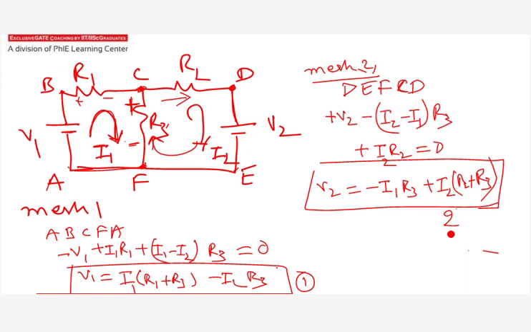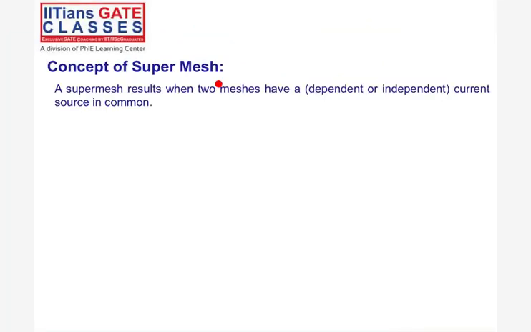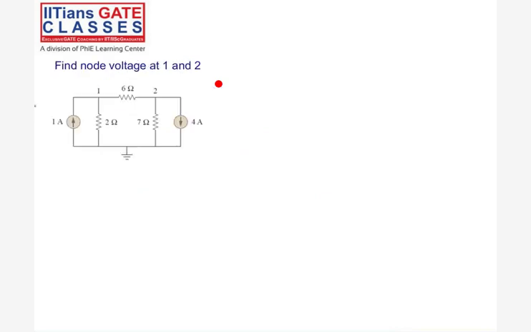If I have a dependent or independent current source, okay, see again, as I told you, in case of super node, any elements connected in parallel can be neglected. Similarly here, any element connected in series, if I have a resistor in series, can be neglected.